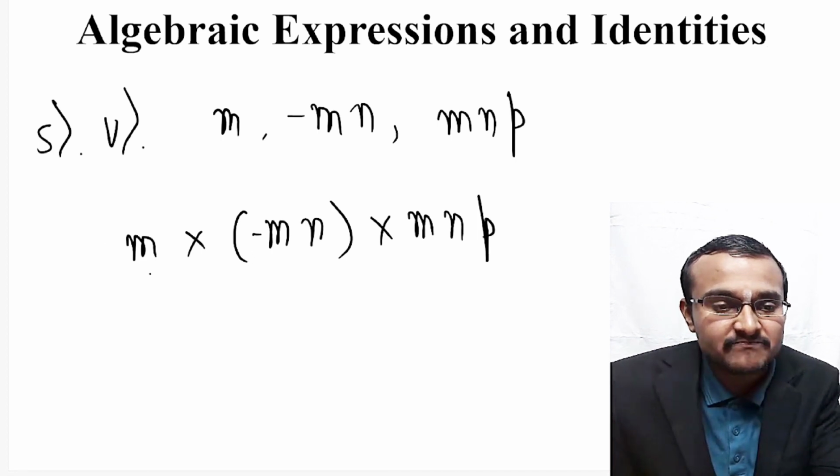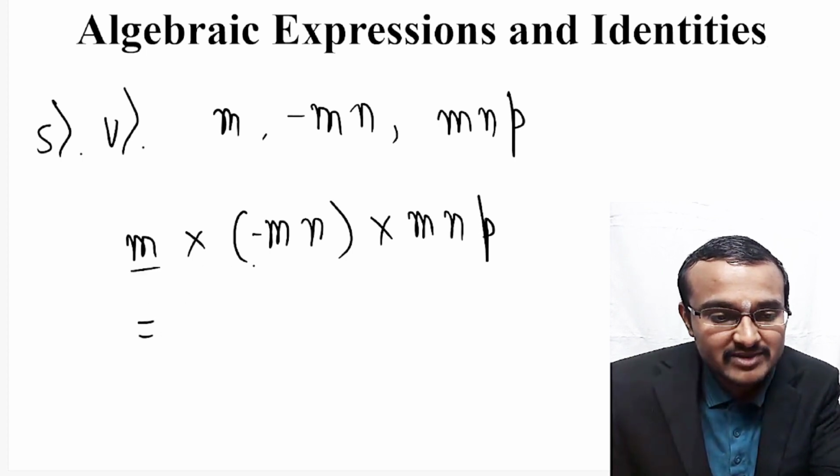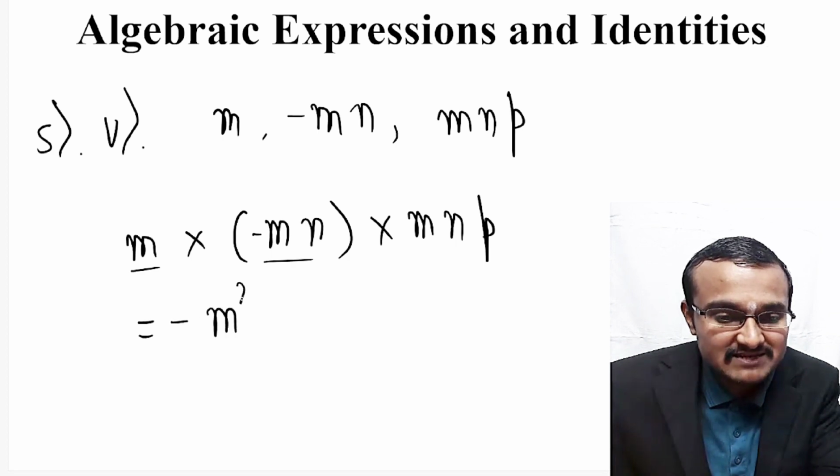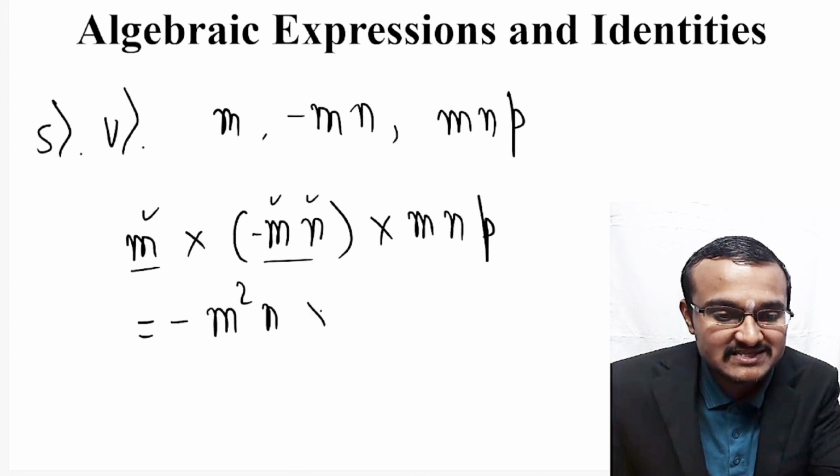So here 1 into m. So 1 into minus 1 will be minus. So when you perform multiplication between these two terms, it will be minus m into m is m square and n will be there as it is. So here m into m is m square and n is there. So minus into plus is minus. So minus m square n into mnp.